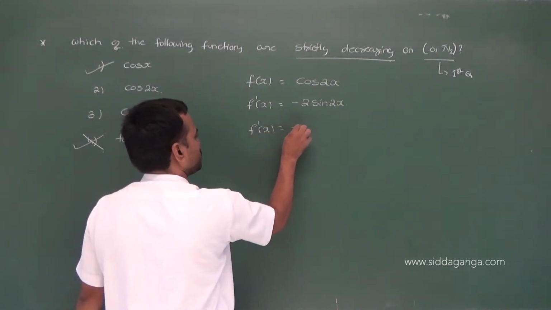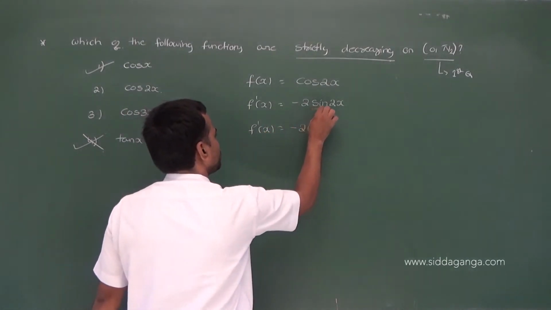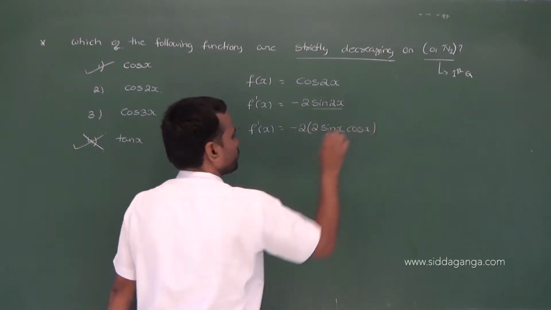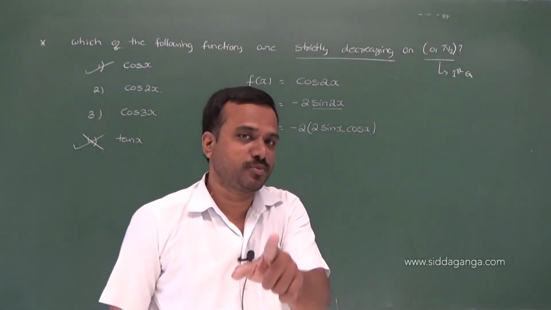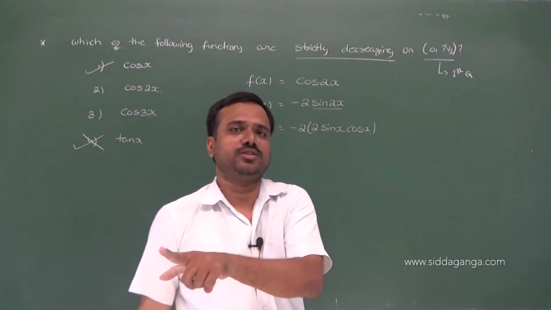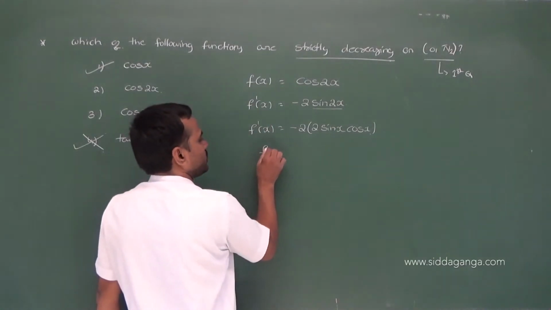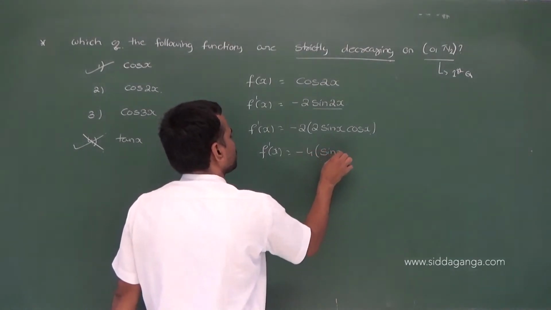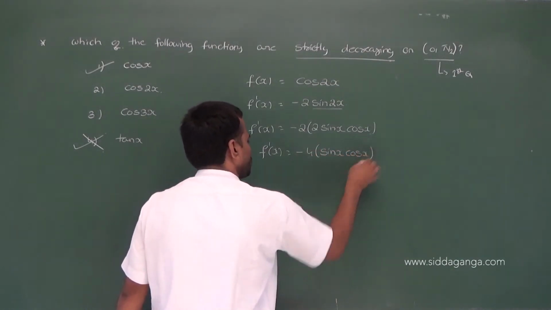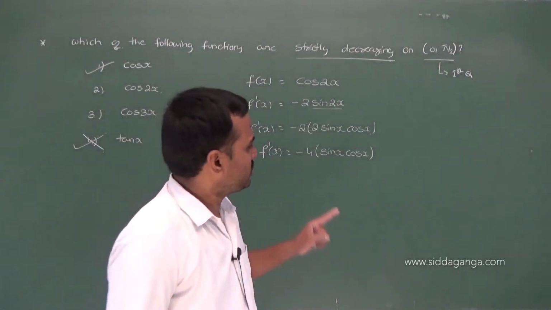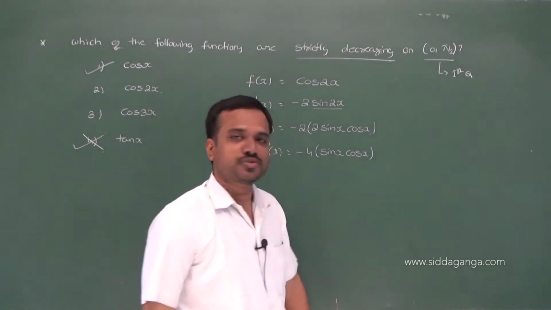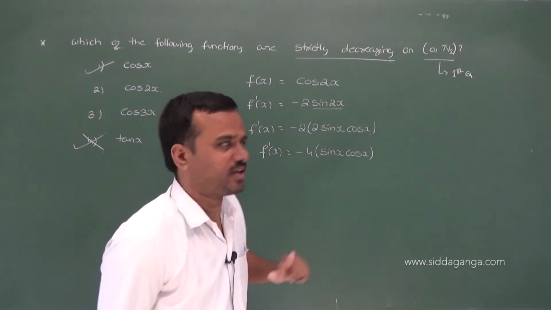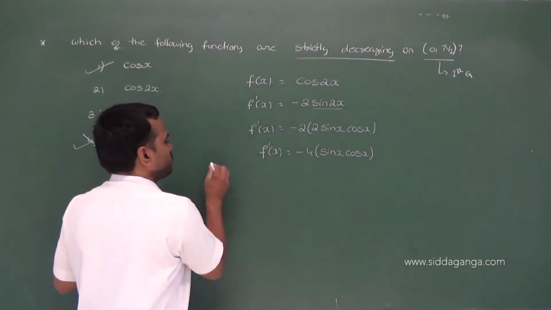So f dash of x is minus 2 into sin 2x, and sin 2 theta is 2 sin theta cos theta, so f dash of x is minus 4 sin x cos x. Observe here, in the first quadrant sin is positive, cos is positive, and positive into negative is negative. So it is a strictly decreasing function.